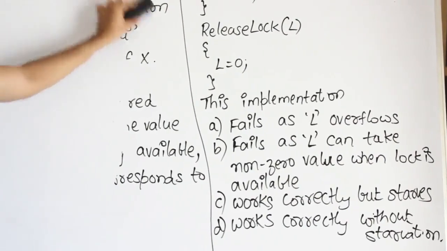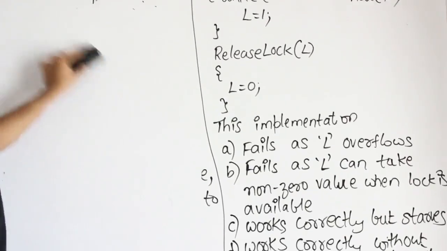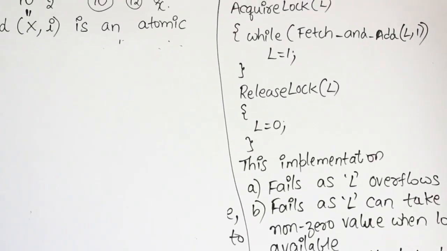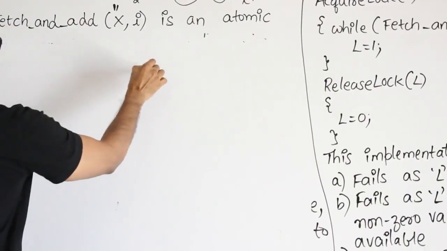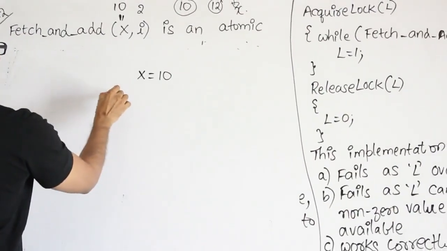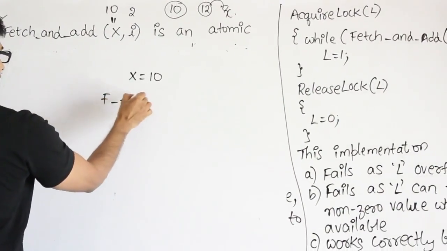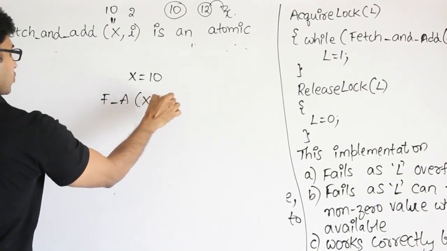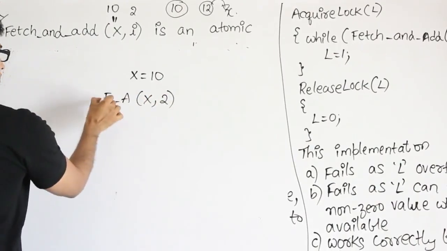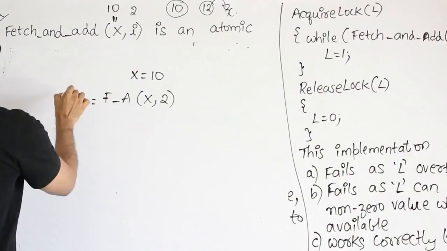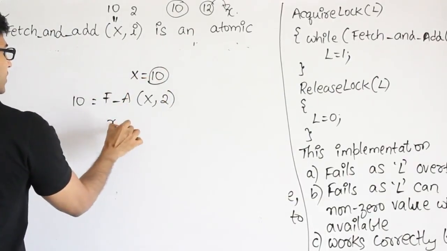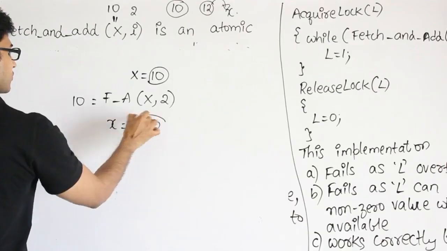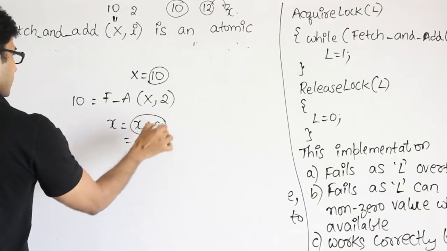They are saying that we have an operation which is fetch and add x comma I. This operation works like this. Assume that initially x value is 10. Now if I call fetch and add x comma 2, this will return the old value of 10, and it will set x equal to x plus 2, which means x equals 12.